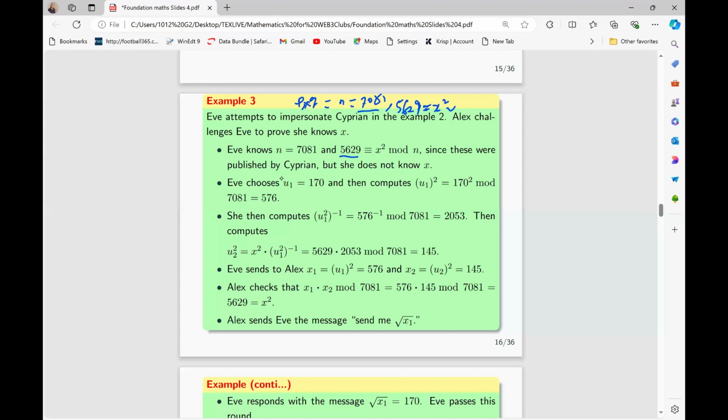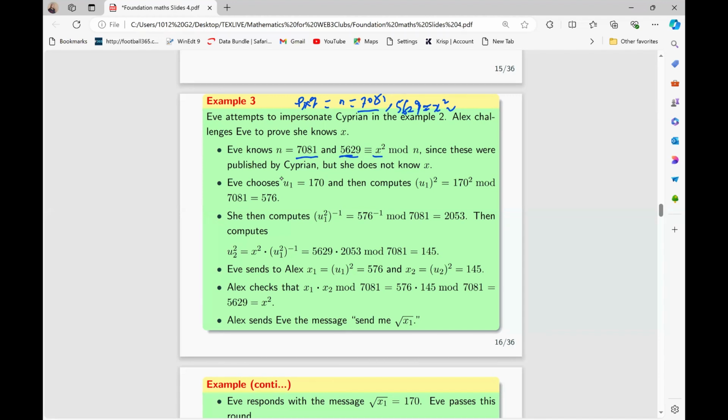Eve knows that since there's an x squared and there's this 7081, most likely I'll be asked about the square root of x squared. That is what this smart guy thought.